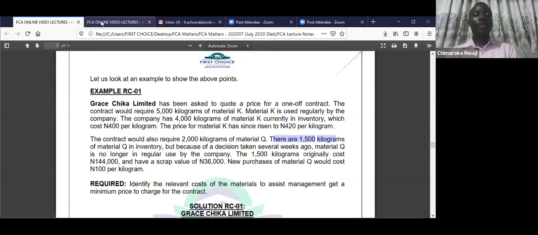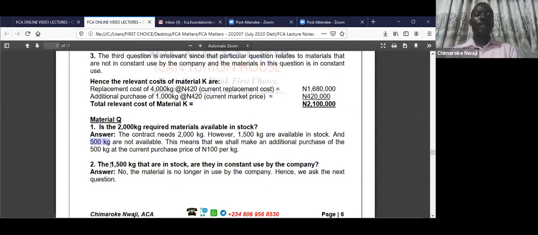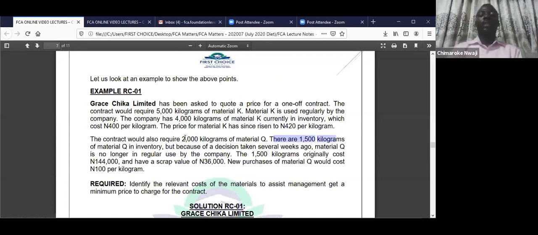Okay, the next question is the 1,500 that are in stock, are they in constant use by the company? So let's see what it says here. The 1,500, they said because of a decision taken several weeks ago, material Q is no longer in regular use by the company.